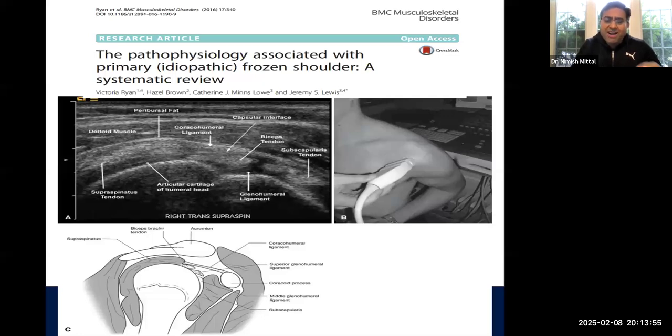These structures are affected in frozen shoulder because of the inflammation in this area, but they're not inside the articular cartilage. So if you would inject somebody from the posterior aspect, the medication would only disperse in the intra-articular aspect. It would not disperse in this pericapsular or intracapsular yet extrasynovial aspect, where these inflamed structures like coracohumeral ligament and superior and middle glenohumeral ligament lie.